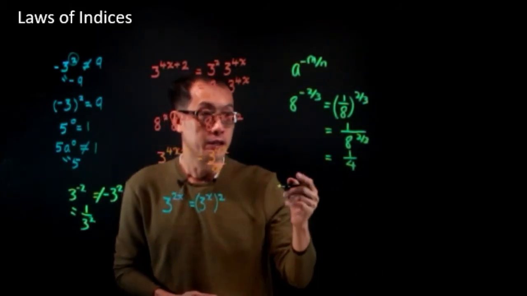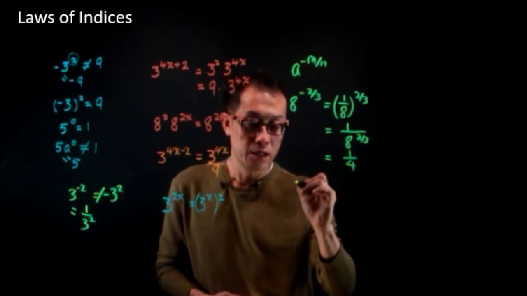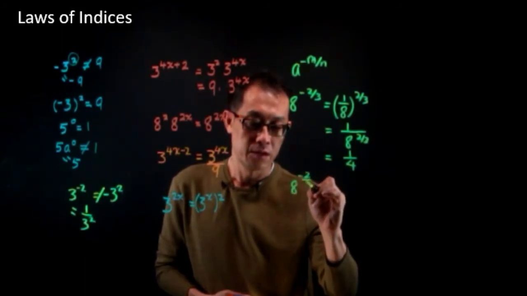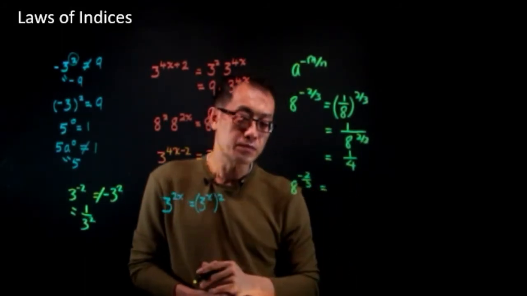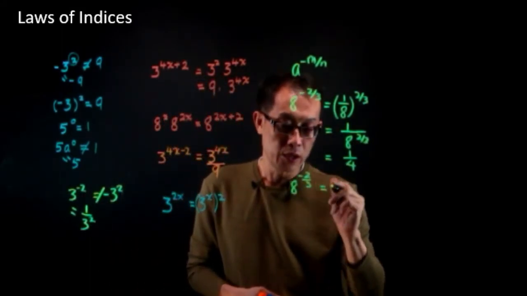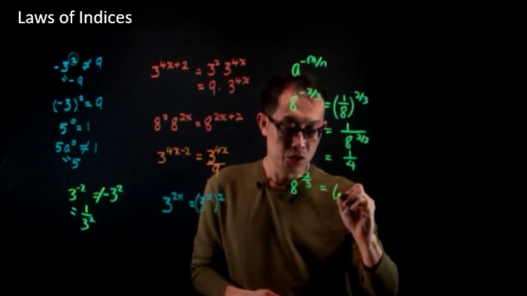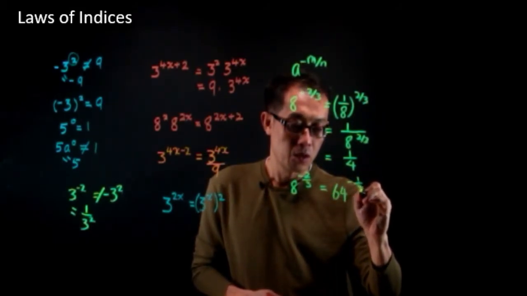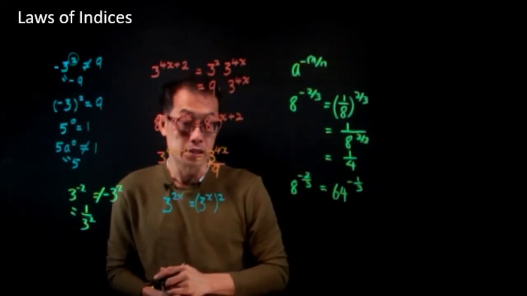Okay? Now let's try doing the square first. If you do the square first, the index 2, so it's a square, so it will be 64 to the power of minus 1/3.